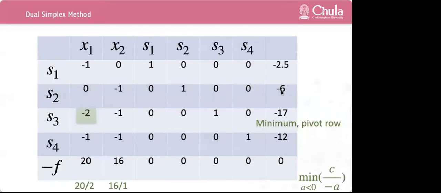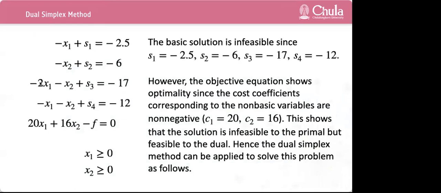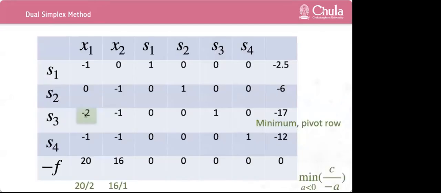Okay, we put it down here. And for the third one, we have -2, -1, and then 0, 0. S3 is 1, S4 is 0, and the right hand side is minus 17.